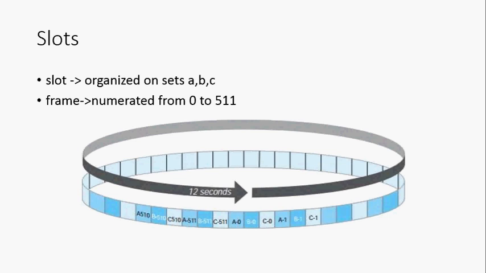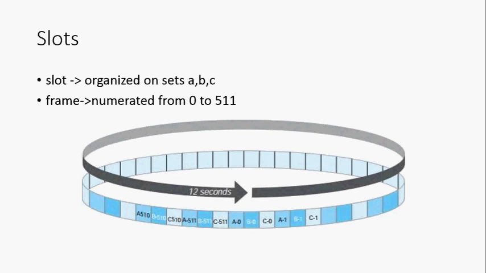So taking into account the sets, the time slots and the new concept of frame, we have the frames numbered from 0 to 511, and also interleaved within cycles from 0 to 511.